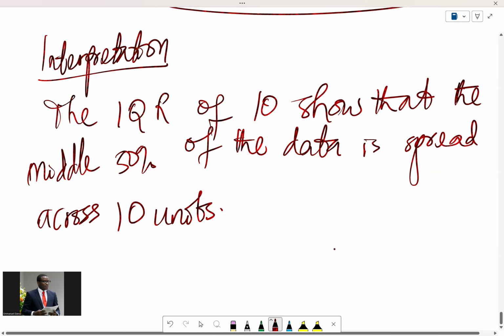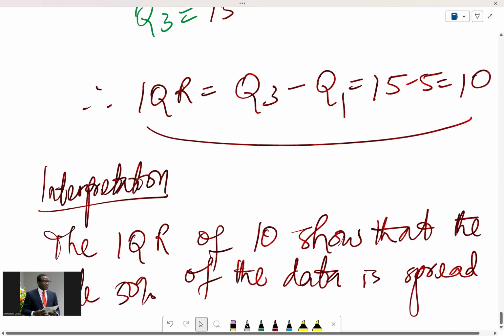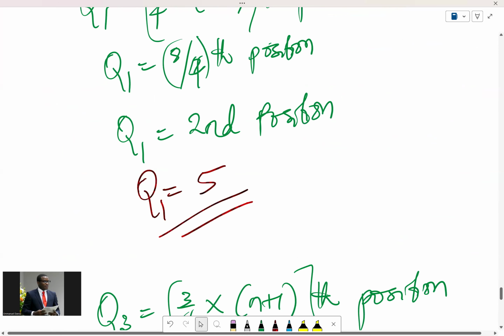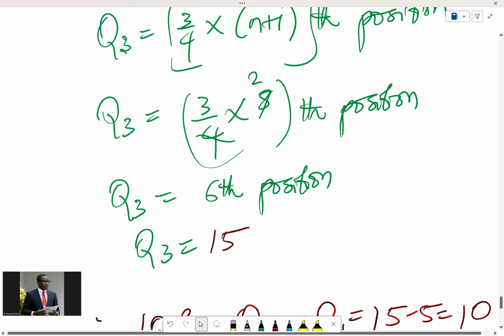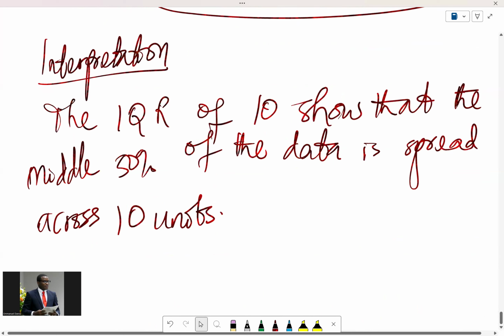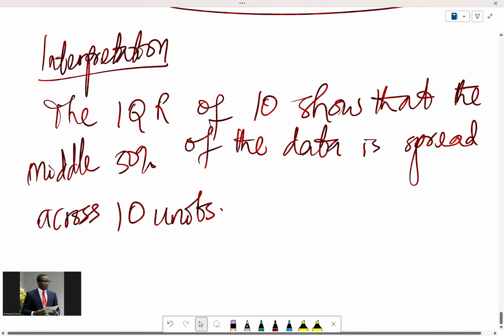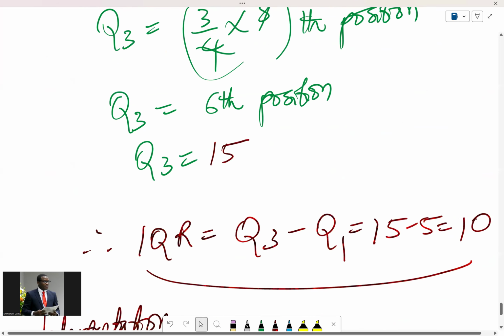Okay. So that's more like if the data you had was probably in terms of their wealth, so you can say maybe they are spread across $10 million or whatever. It all depends on the context we are considering. And that is for ungrouped data.